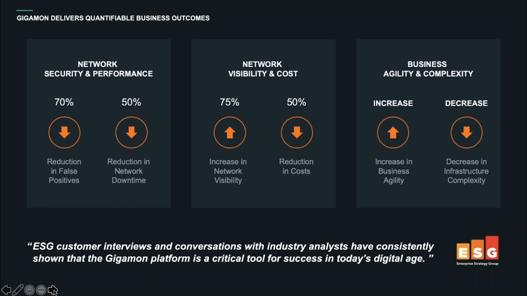So the ability to have that visibility is extremely important. Customers report very consistently that they're getting more agility as a result of that visibility, and that because they can get rid of a lot of the tools by consolidating them on the Gigamon platform and our software capabilities, their infrastructure is getting less complex.